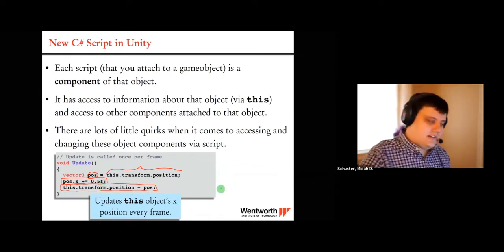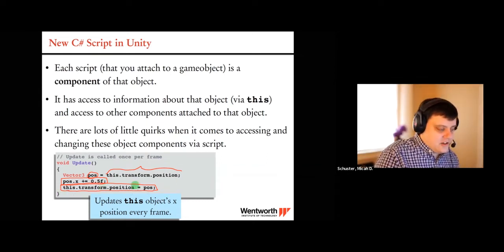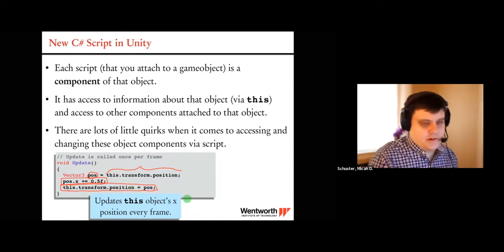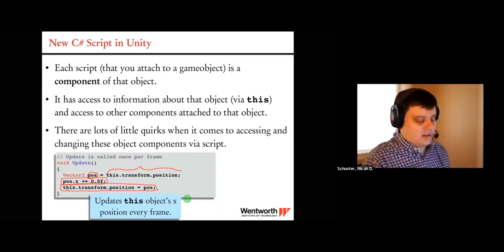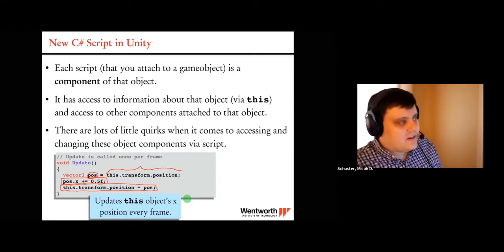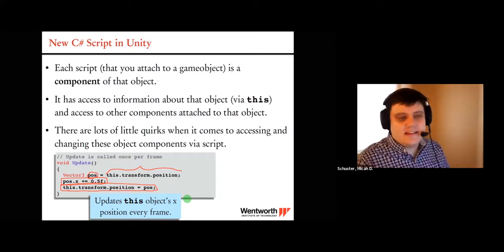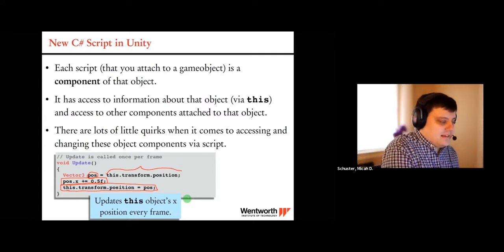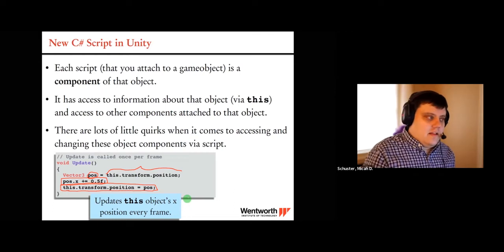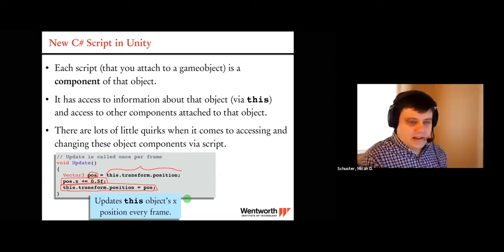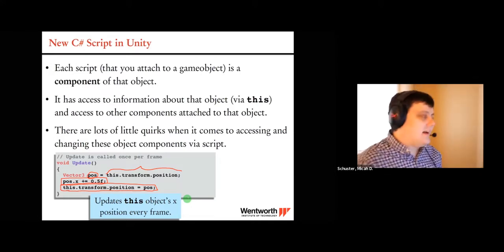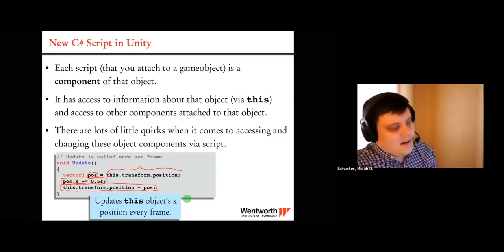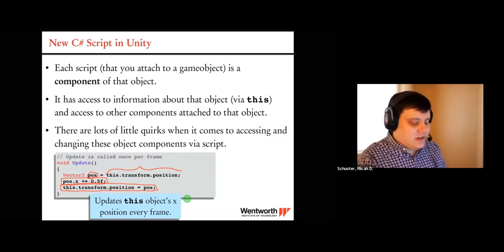There's restrictions to modifying individual components directly of the transform. So there's a bunch of these little quirks. That's what I want to point out here. Unity restricts you from doing certain things. And so something that would normally take maybe 1 line takes 3 lines. These are things you have to get used to. You'll try to do something, and then you'll get some sort of error, and you'll be like, what in the world's going on? And you'll look it up, and you'll be like, oh, the standard way is this, because Unity says you can't do it that way.